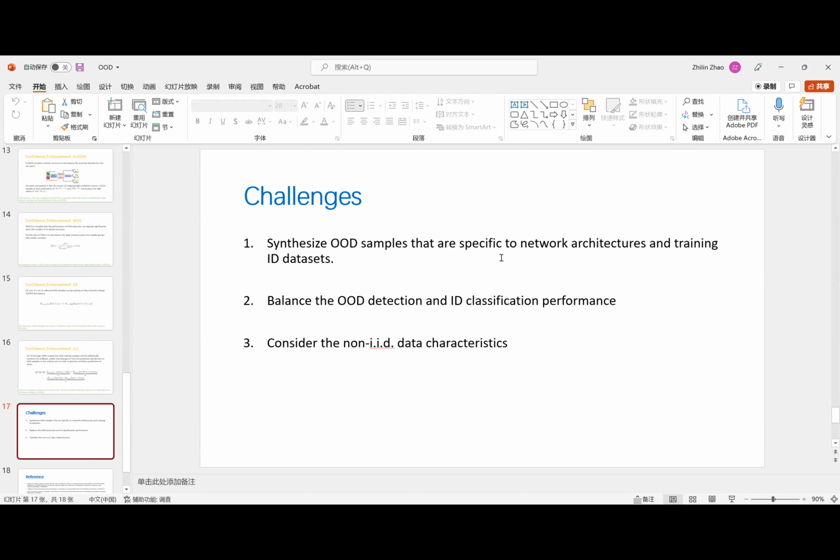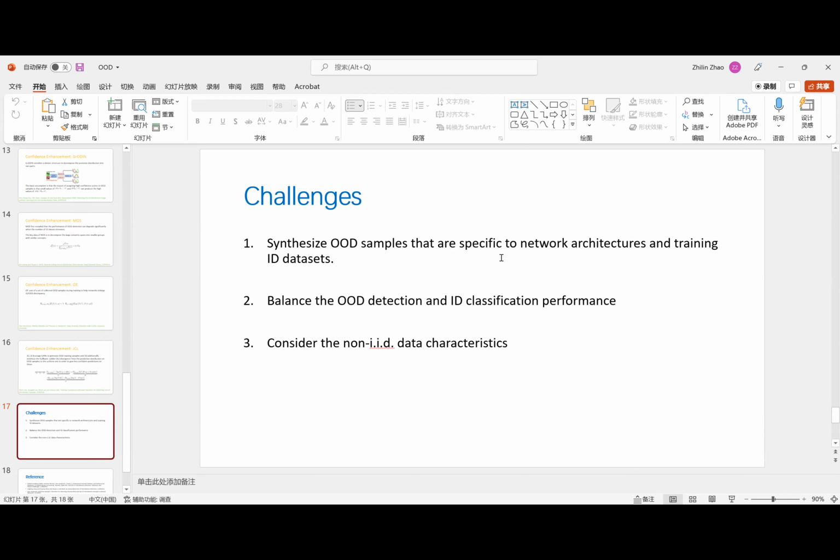We should improve the OOD sensitivity of your network while maintaining very good in-distribution classification performance. It's very hard to balance the two performances, so I think this is a very hard research question. And the last challenge is how to consider the non-IID data characteristics between the two kinds of samples to improve your OOD sensitivity.